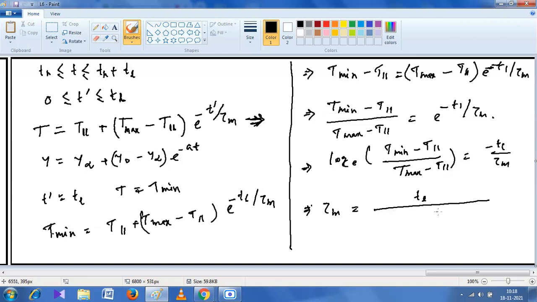Tau m is TL by log of T max minus TLL by T min minus TLL. We can write like that. Yes sir. So what is the value of moment of inertia from this equation? What do we get?